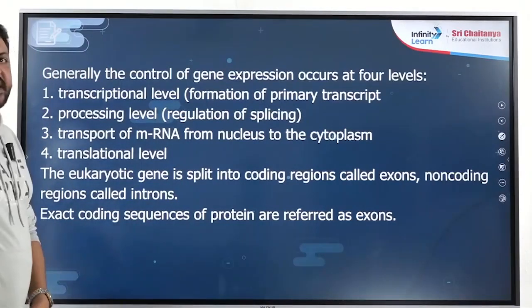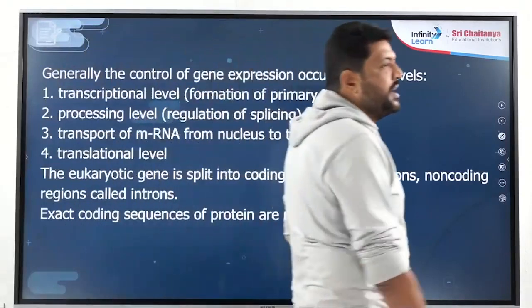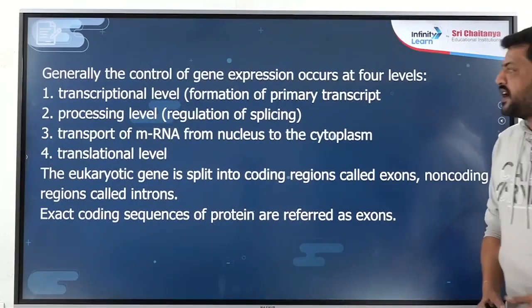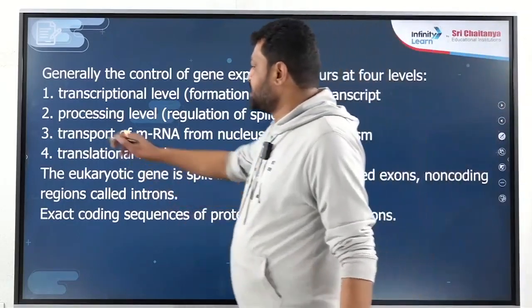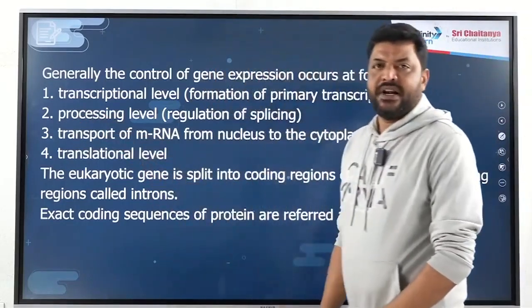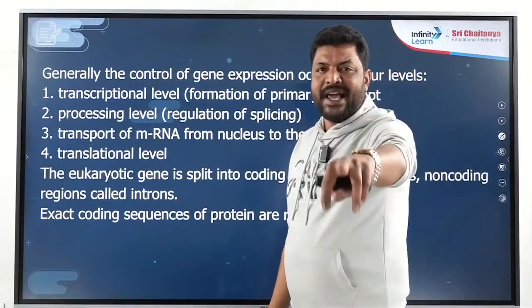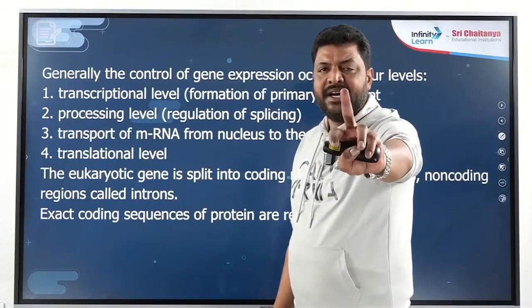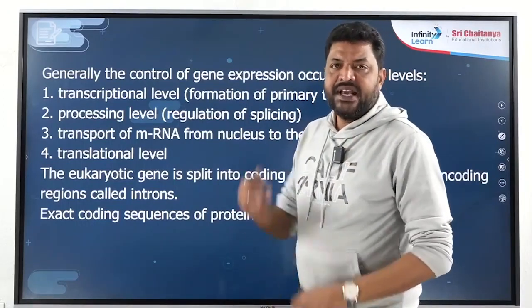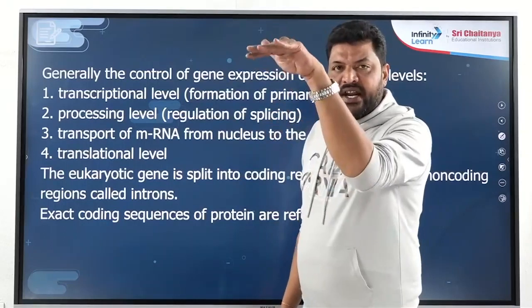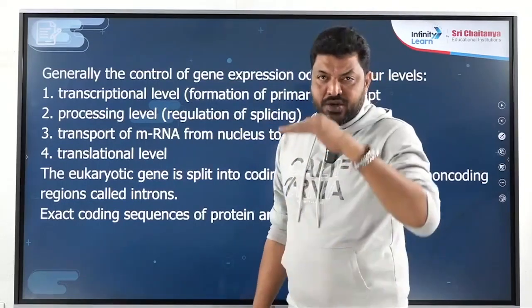First, the transcriptional level, at the time of formation of mRNA. The second point is the processing level. What is processing? You know very well, processing or splicing or sizing or maturation: hnRNA, heterogeneous nuclear RNA, to mRNA formation.